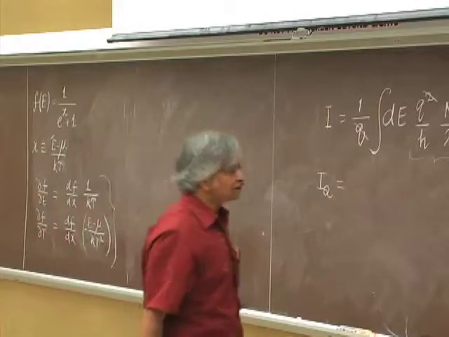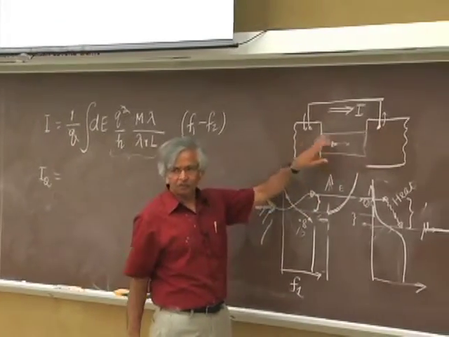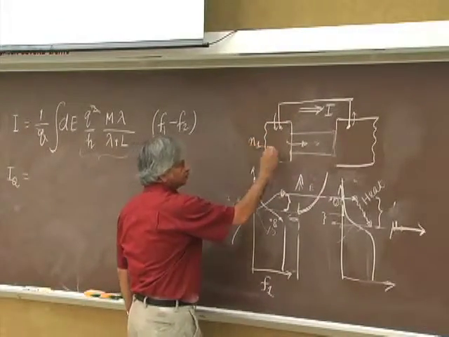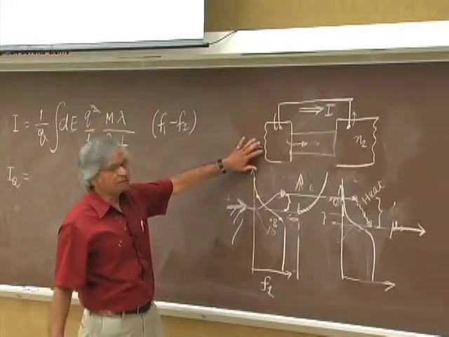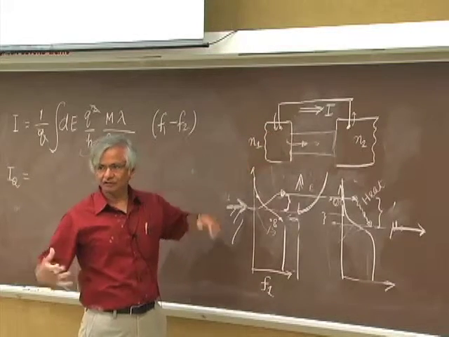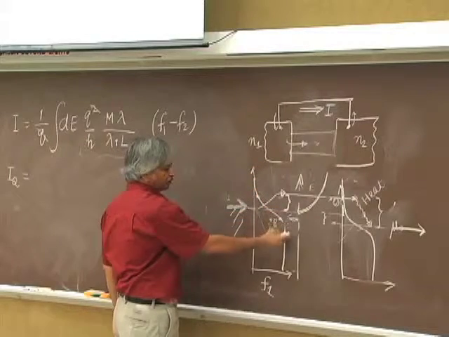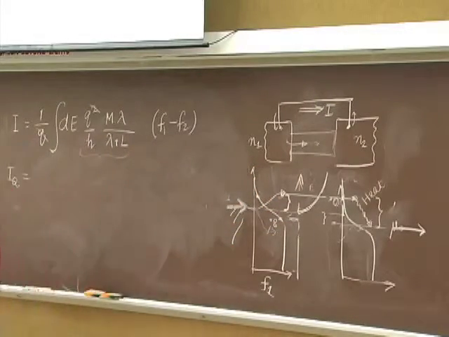The only thing now is that for these two contacts, you don't talk about the Fermi function, but you talk about the Bose function, N1 and N2, which tell you how phonons are distributed in energy inside the contact. The electrons have this exclusion principle, so at equilibrium they're distributed according to the Fermi function. The Bose function looks a little different.